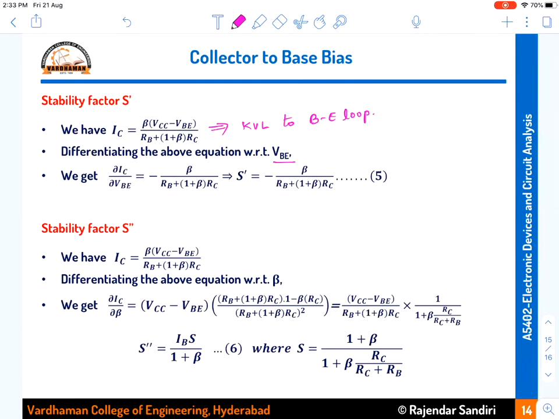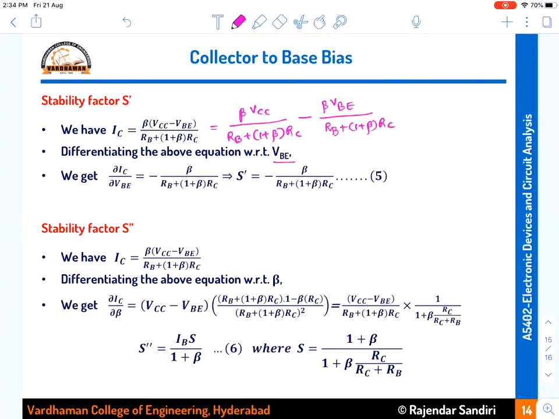Now if you differentiate that with respect to VBE, what happens? The first term is beta into VCC by RB plus 1 plus beta into RC, minus the second term, beta into VBE by the same denominator, RB plus 1 plus beta into RC.